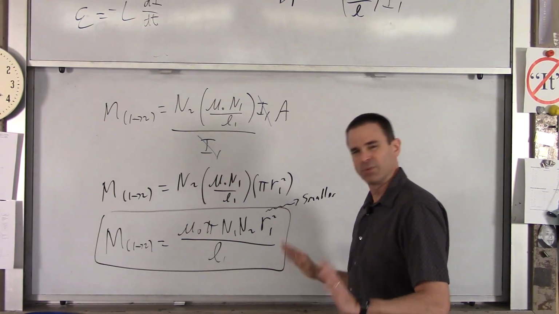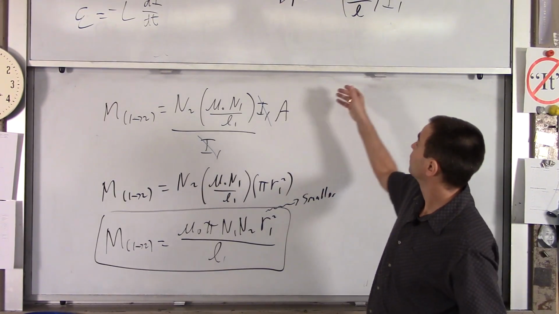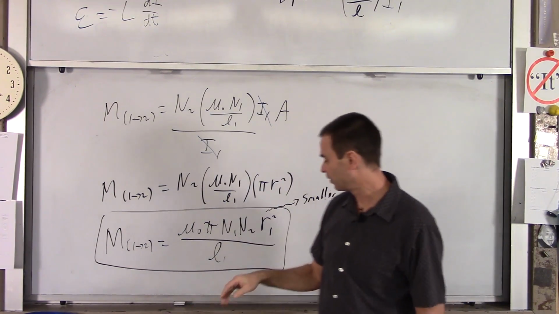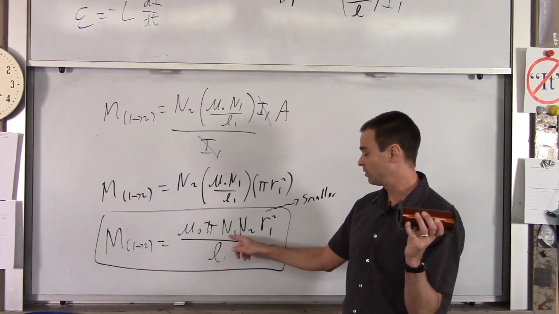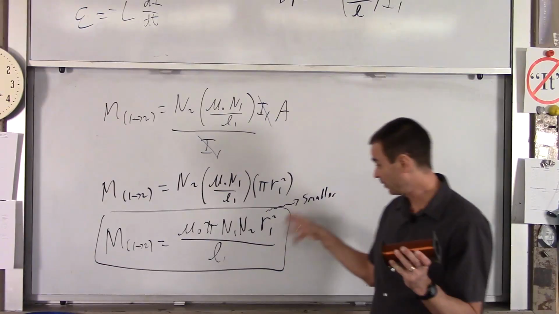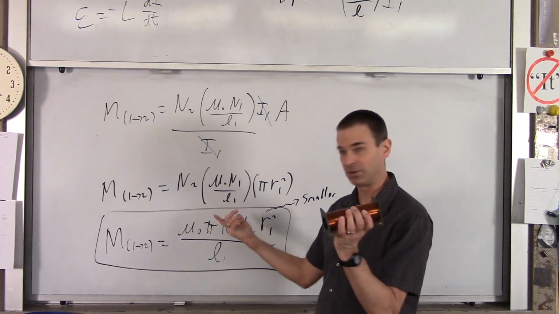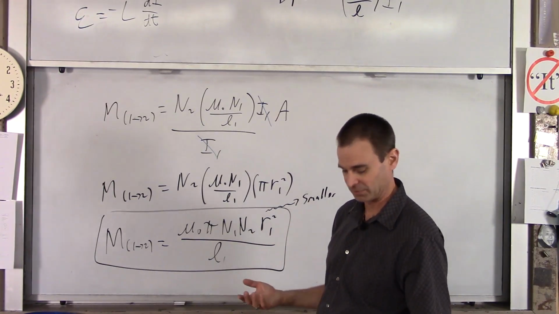Another thing to notice, to help you remember: compare that equation to the inductance of a simple inductor. For a single solenoid, its inductance is just N squared, and everything else is the same. Here you have two solenoids, so you say N1 times N2. Otherwise, the equation looks almost exactly the same.